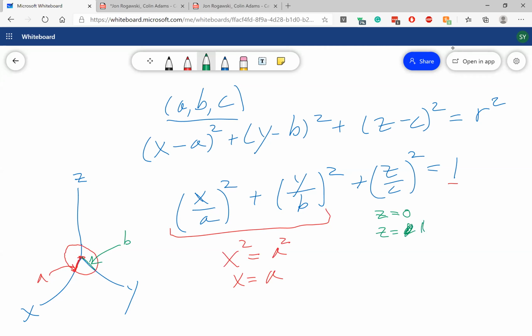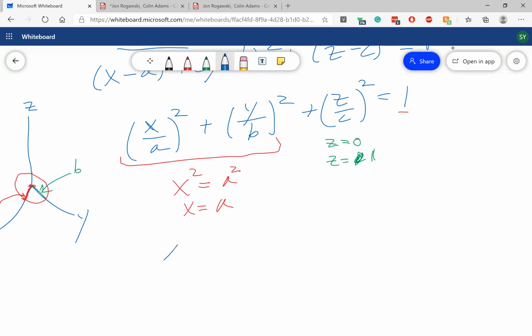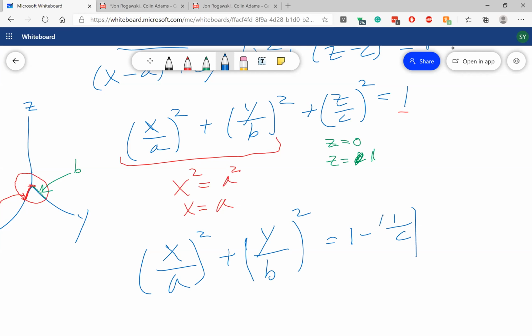So when z is equal to 1, you're going to have x over a squared plus y over b squared is equal to 1 minus 1 over c squared.